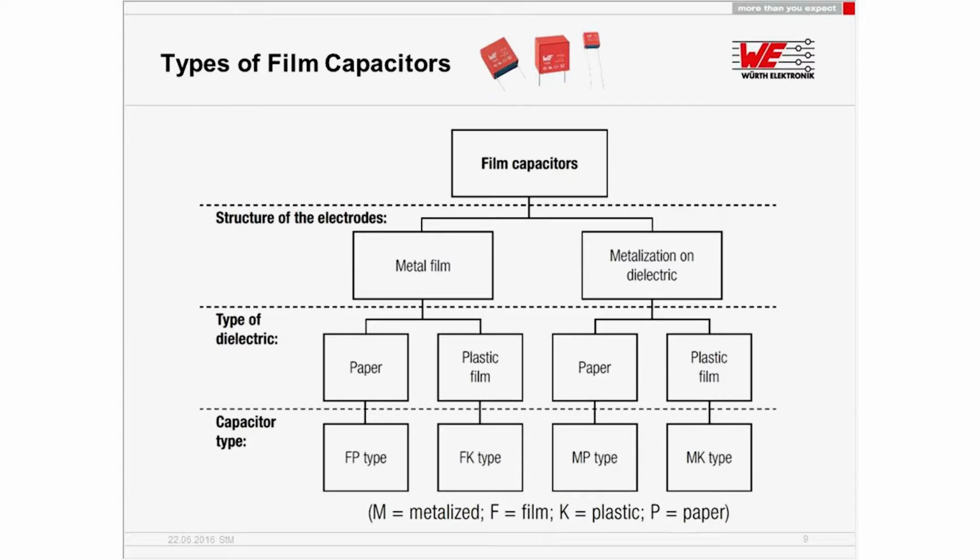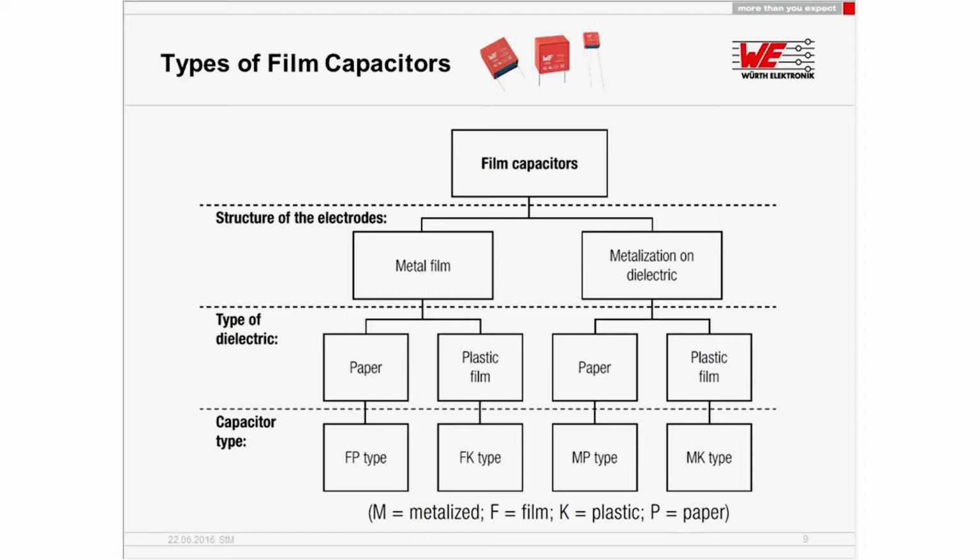And as a dielectric material between metal films, you will use paper or plastic. So you bring between two metal films a layer of paper or plastic in between as dielectric. On top again, some layer of paper or plastic. And then you start to wind this, and this is a film capacitor made of this principle. You separate some short abbreviations depending on the paper or plastic type, so like FP or FK.